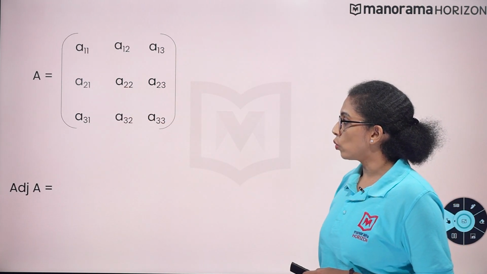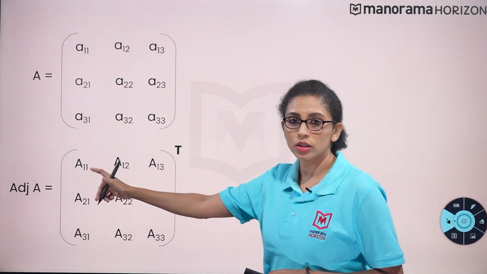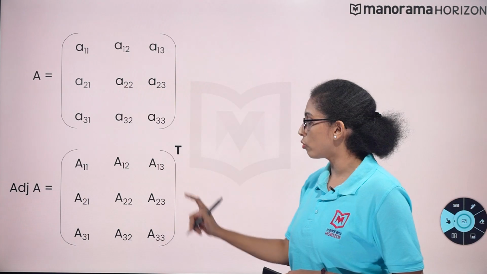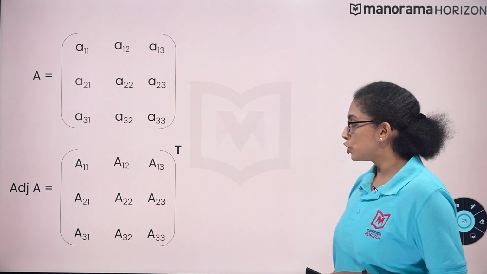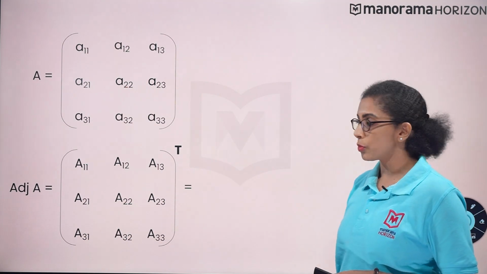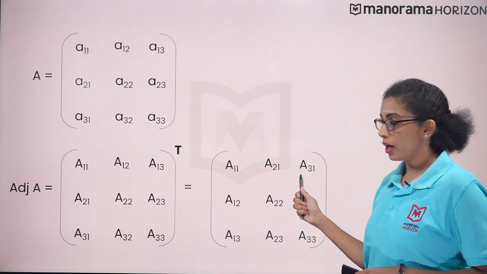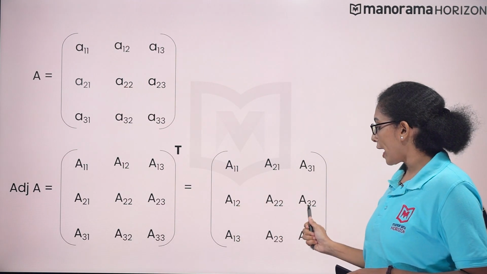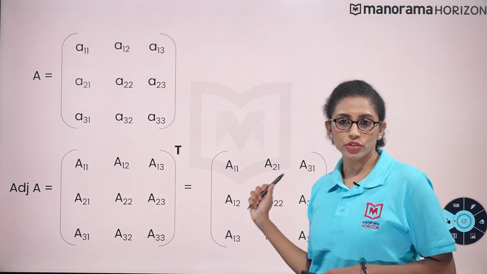The adjoint will be equal to transpose of the cofactor. So, these are cofactors A11, A12, A13 up to A31, A32, A33, which will be equal to, taking the transpose, we get A11, A21, A31, A12, A22, A32, A13, A23, A33.